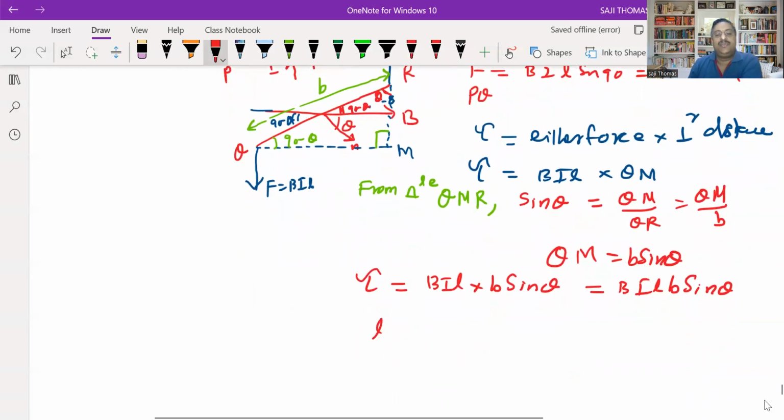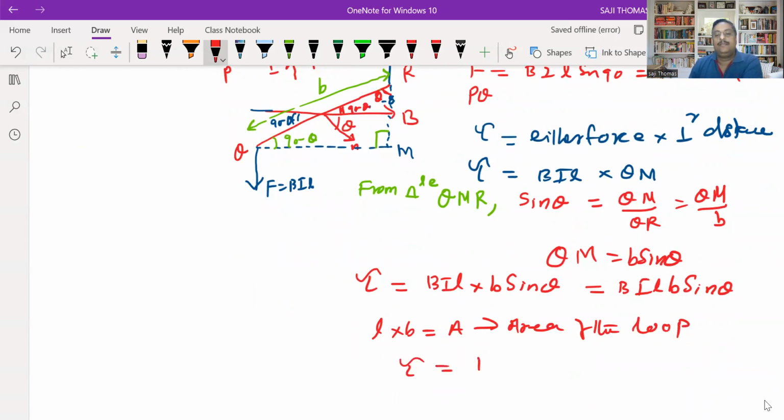And what is this L into B? L into B is area of the loop. So we can write torque equals F I A sine theta. Here loop has one turn only.